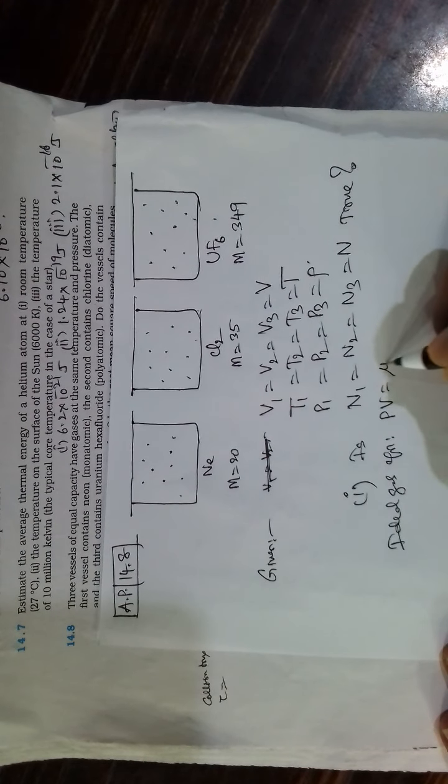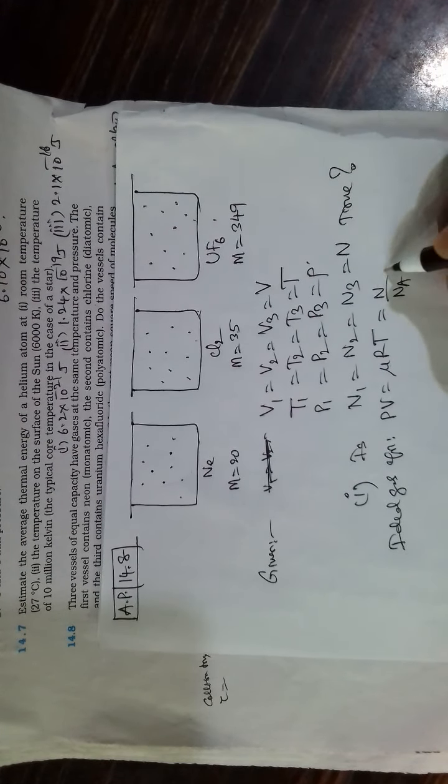All three containers have the same volume and the three gases are held at the same temperature and pressure. Now the first question is, do the different gases have the same number of molecules or different numbers of molecules? Ideal gas equation, PV is equal to mu RT. Mu means N by Na.